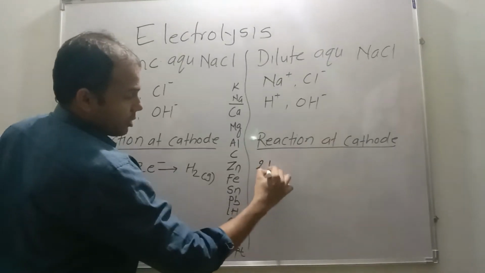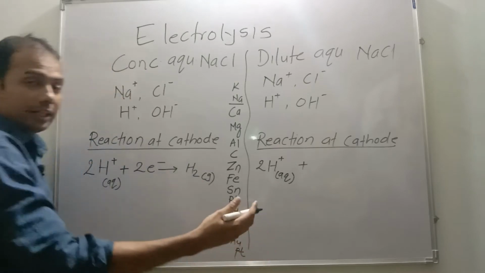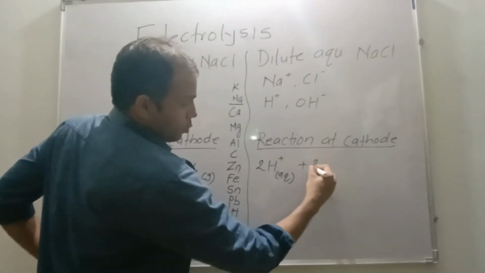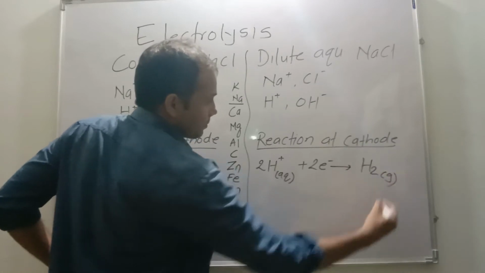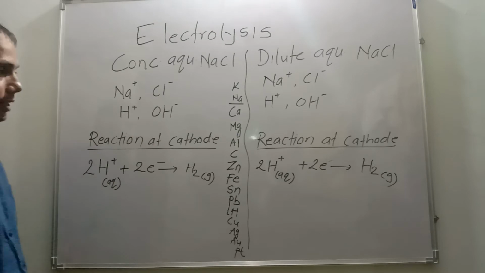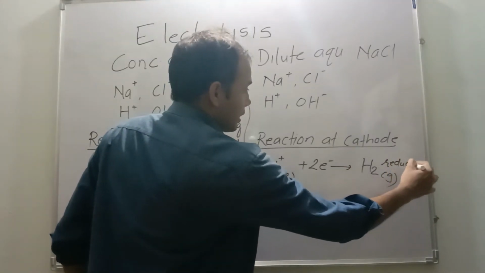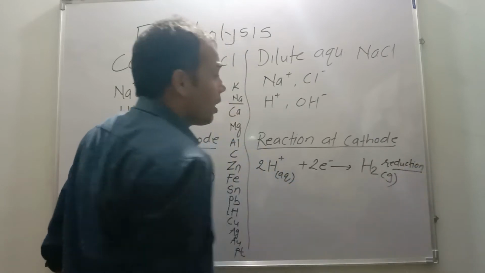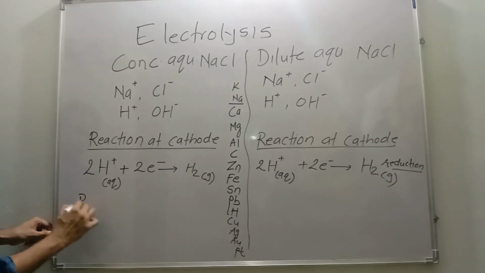So there is 2H+ ion, aqueous, plus it is going to accept 2 electrons, and there is a formation of H2 gas. This is called reduction. There is a gain of electrons, so the reaction is reduction.